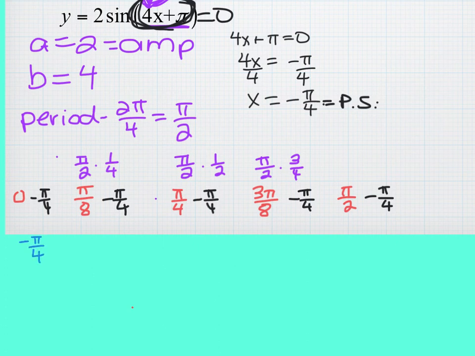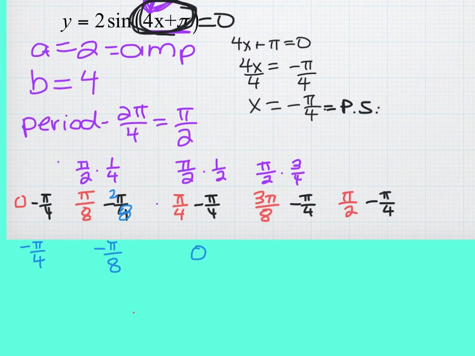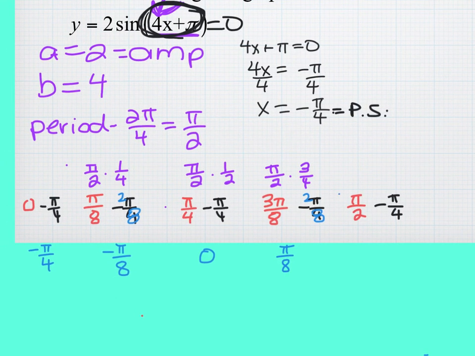I have to give this a like denominator, so I have to multiply by 2, pi over 8. This is negative pi over 8. 0 becomes 2 pi over 8. So pi over 8. Multiply by 2 here, and I get 2 pi over 4 minus pi over 4, so pi over 4.